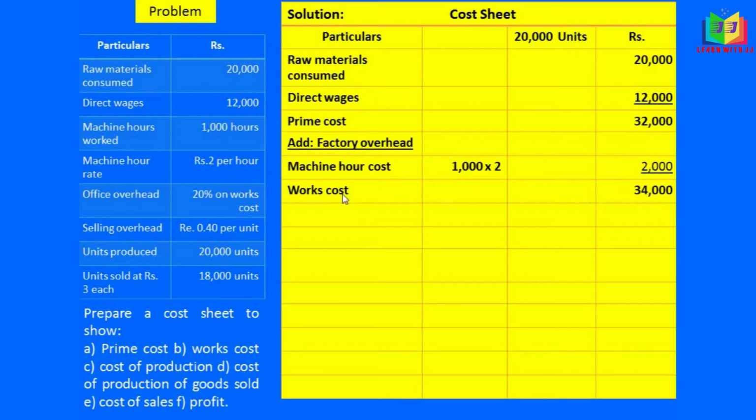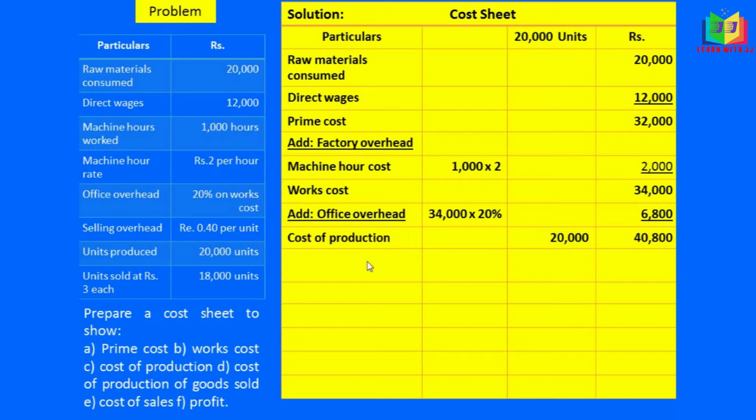In this work cost we have to find the office overhead. It is 20% on work cost. So 20% into 34,000 will get 6,800. This is the office overhead. If we add this, we'll get cost of production. And this cost of production is for 20,000 units.